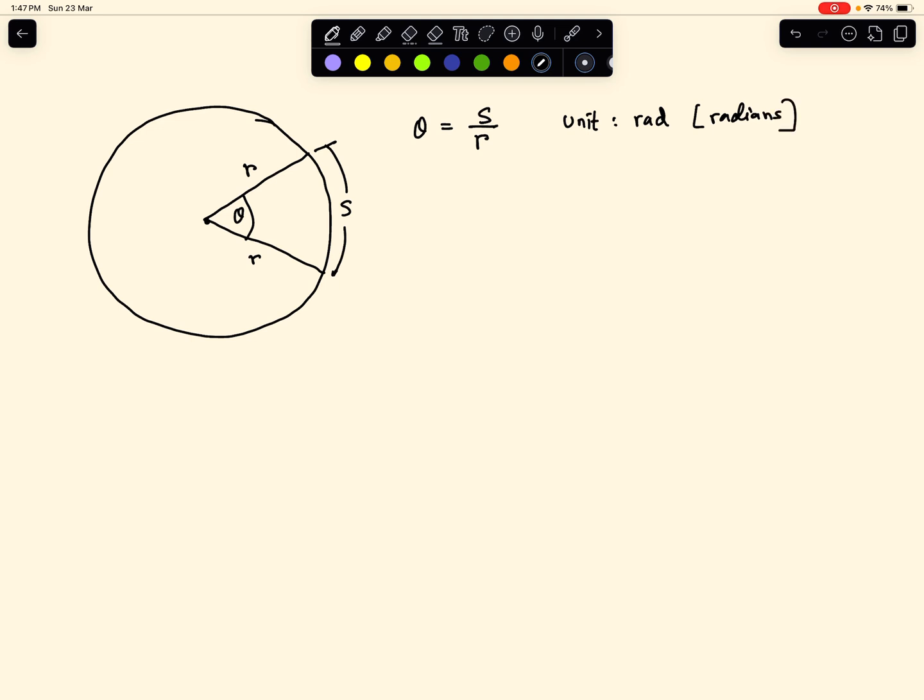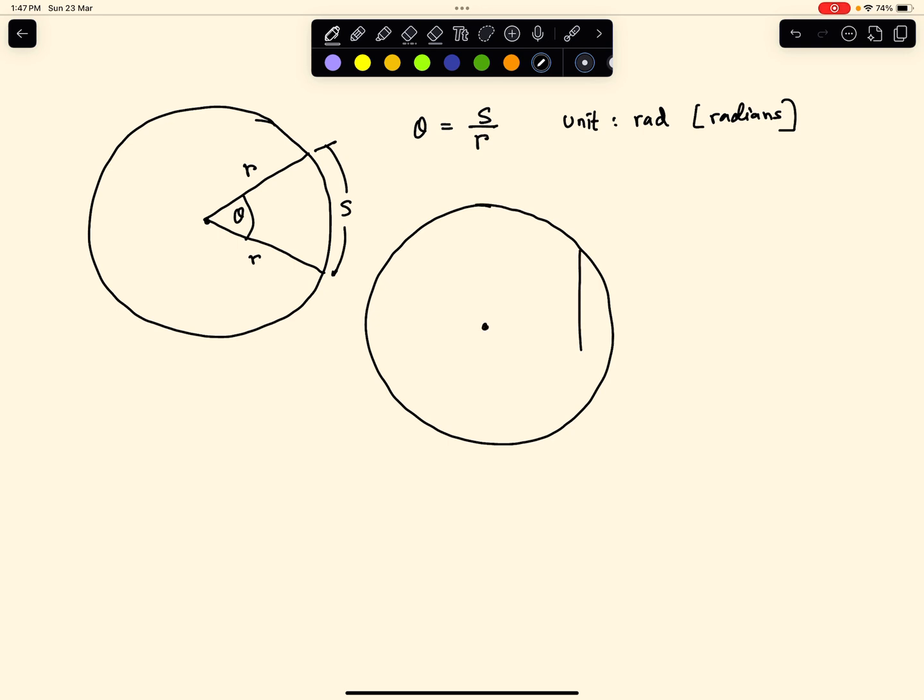Now in the same way, solid angle is a three-dimensional angle. If you have a sphere and you cut a certain part of the sphere, this sort of thing is formed, this much area.